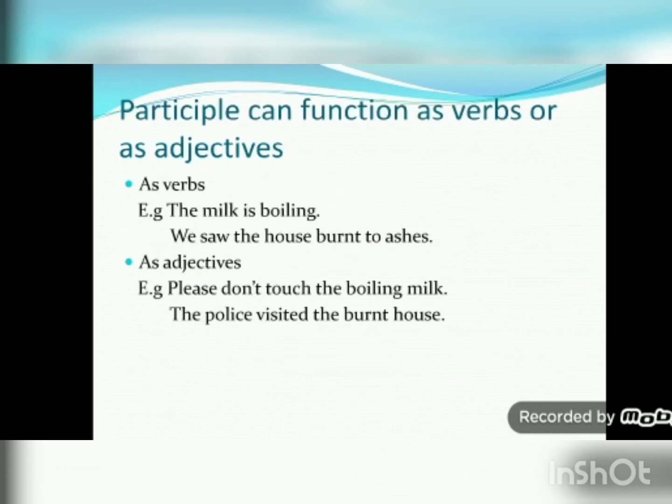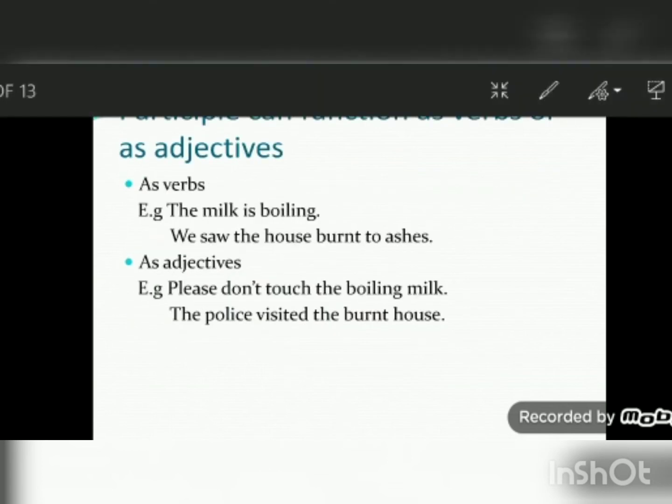Next is, participle can function as verbs or an adjective in a sentence. So we have to see how it functions as a verb or how it functions as an adjective in a sentence. First, how it functions as verbs. Suppose an example, the milk is boiling. So here boiling is used as verb.